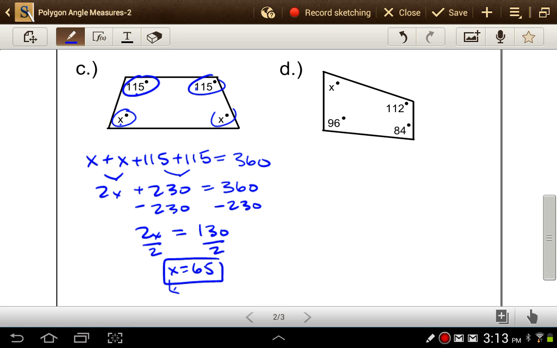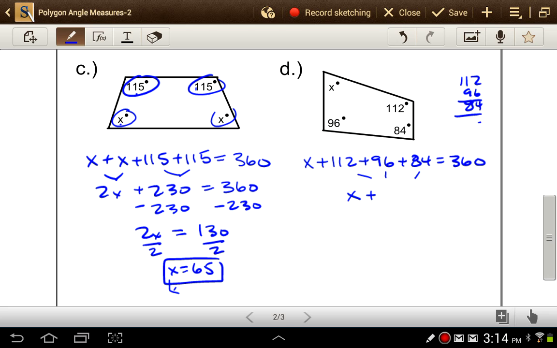For D, I'm going to add up these four. Now I've given you three and only left one. So it's going to be x plus 112 plus 96 plus 84 equals 360 degrees. Remember, quadrilaterals add up to 360. Then I'm going to add up these three numbers: 112 plus 96 plus 84.